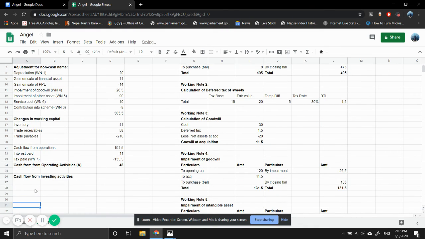First thing first, receipts from sale of PPE. This is working note number 1.